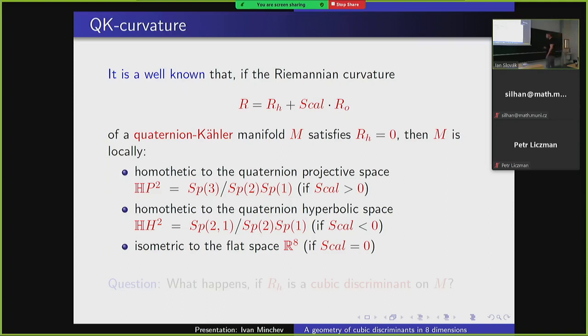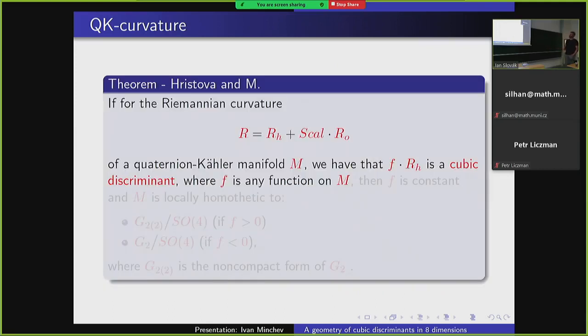So now the natural question to ask is what happens if this first component does not vanish, but is actually proportional to a cubic discriminant. This is one of the results which we have obtained, and it also has a clear answer.